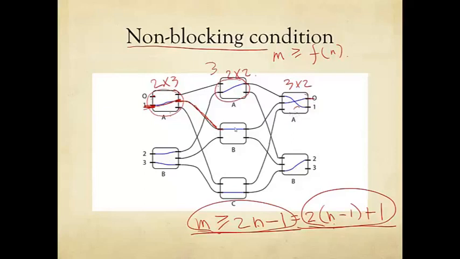The only way to arrive at this output switch is to connect over here, instead of going down, which would be going to the wrong switch. So it goes to the correct output stage switch, and now I just need to get to the correct output port. That is accomplished by connecting this way. So now you see this connectivity.